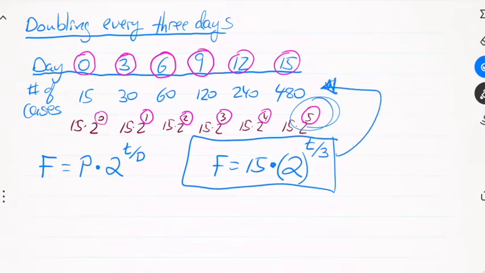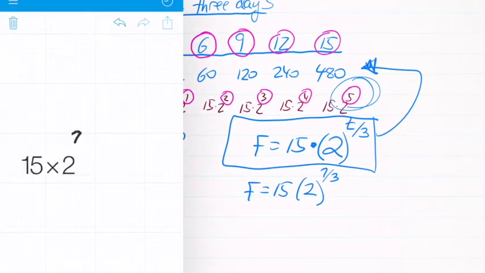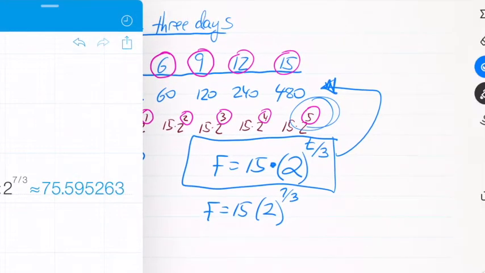And now we can start looking for odd days. Let's say day 7. So on day 7, we have to type this into a calculator. So about 75, 76.